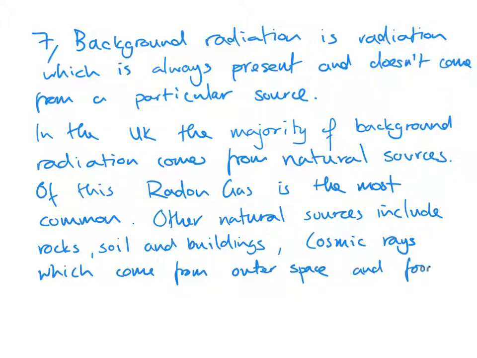And lastly, the food and drink which we consume can contain small amounts of natural radiation. Meaning that our bodies themselves actually are radioactive. There's radioactive carbon, for instance, within your body, potassium.